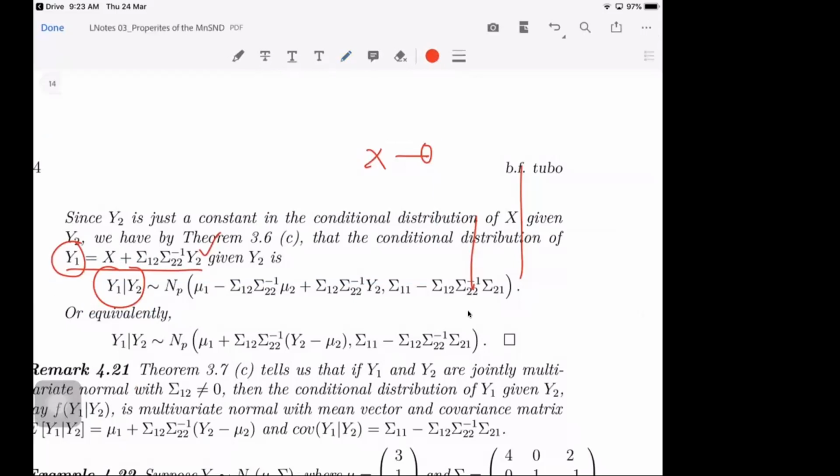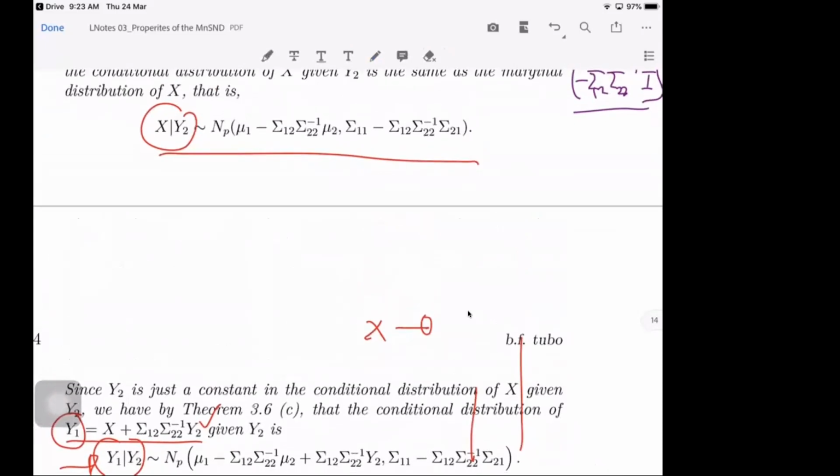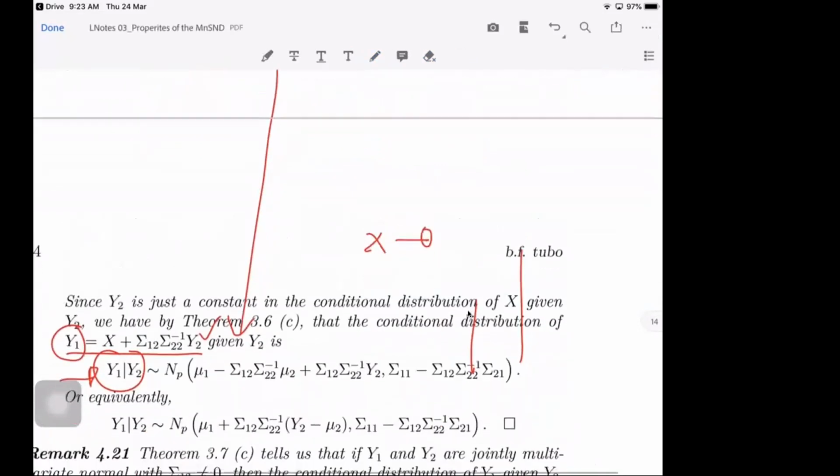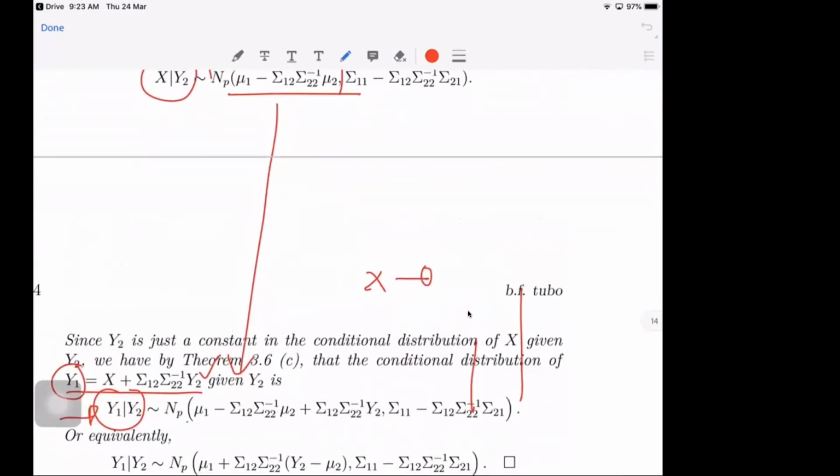So what you will have is the conditional distribution of x given y2. So look at the difference. So you have y1 minus sigma 1 2 sigma 2 2 inverse y2. And then that is x. And then you have this part. So what will be that part? That is a constant with respect to x.